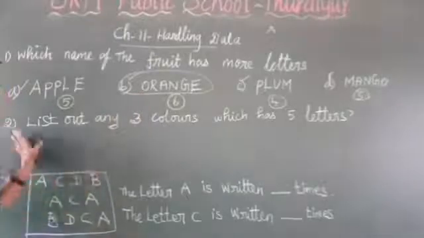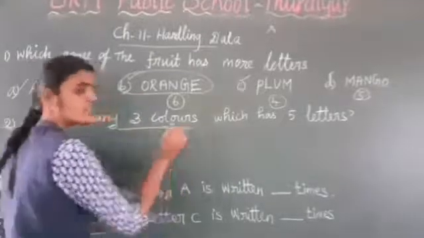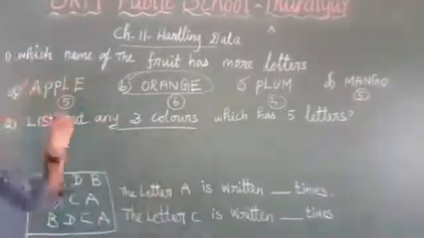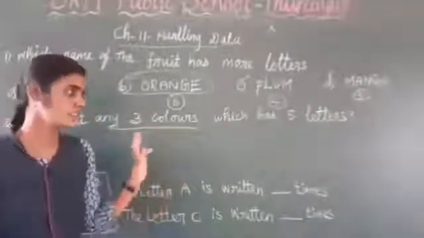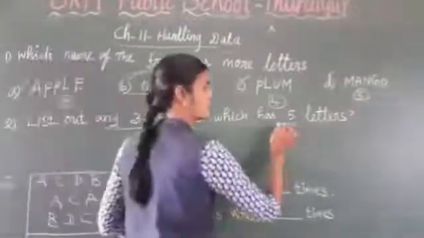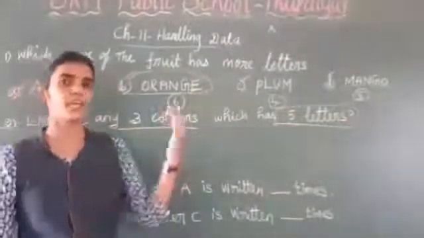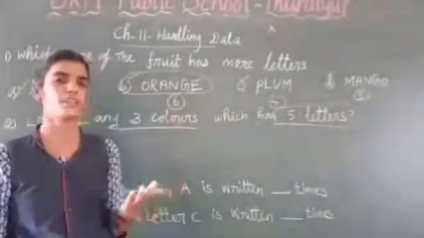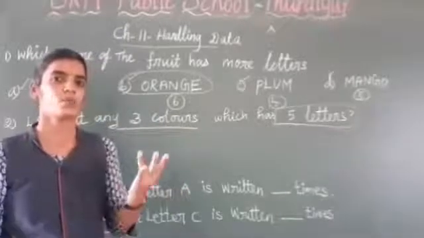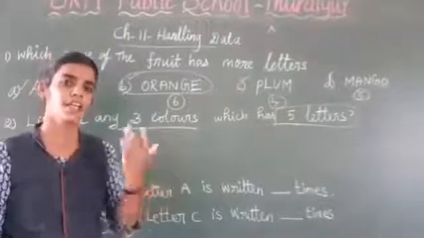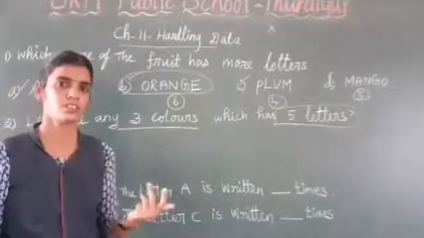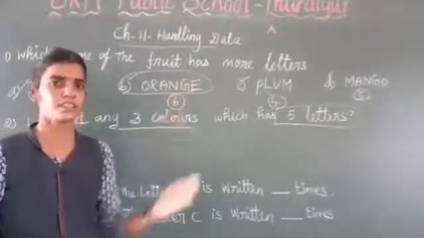Next one, list out any 3 colors. List out any 3 colors whose names have 5 letters. You know the primary colors, what are the colors you know very well? Yes, black, white, red, green, yellow, orange, blue. These many colors are there, no?